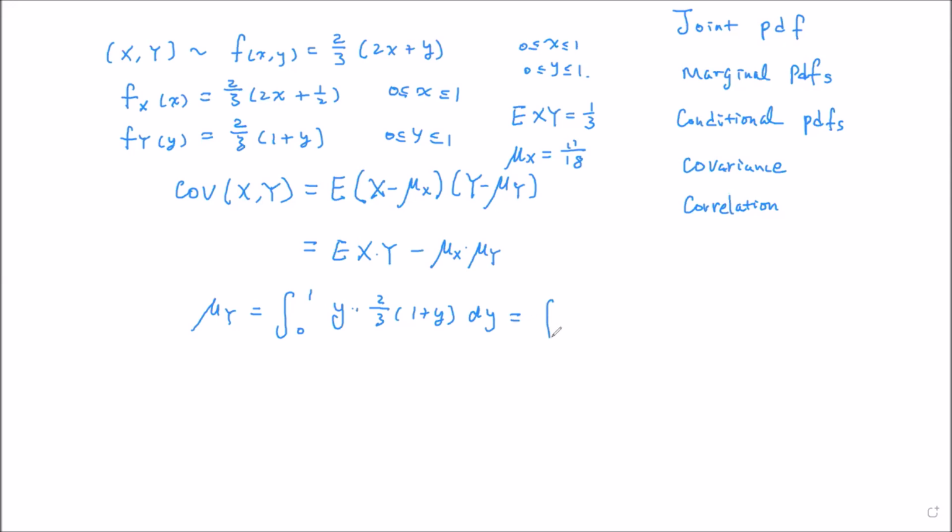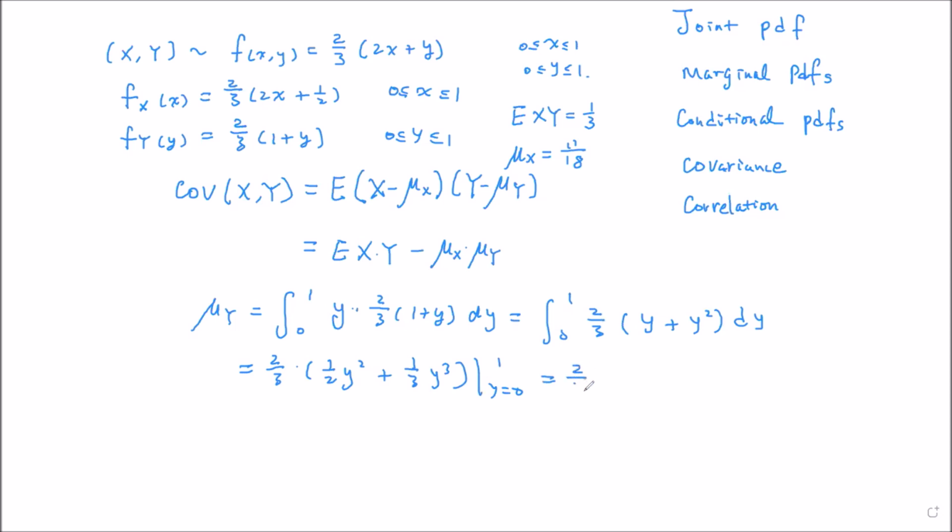So the integral from 0 to 1, 2/3 here, put y inside, y plus y squared dy. That equals 2/3, the antiderivative of y, half y squared, the antiderivative of y squared, 1/3 y to the third, with y from 0 to 1.